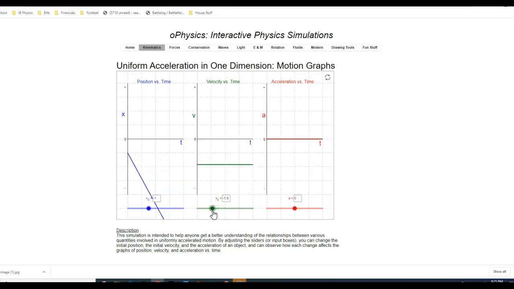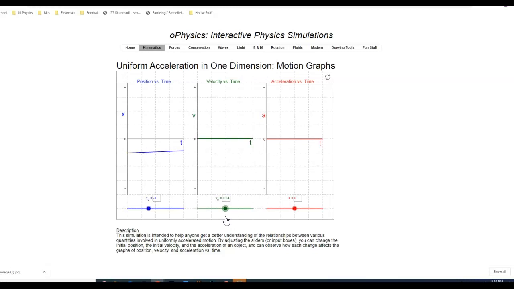And now if I give it a negative velocity, notice the shape is not changing. It's still linear, right? This is still a linear graph, but negative velocity means negative slope. Okay, so this would be going very fast in the negative direction. This would be at rest right here, and then going very fast in the positive direction.